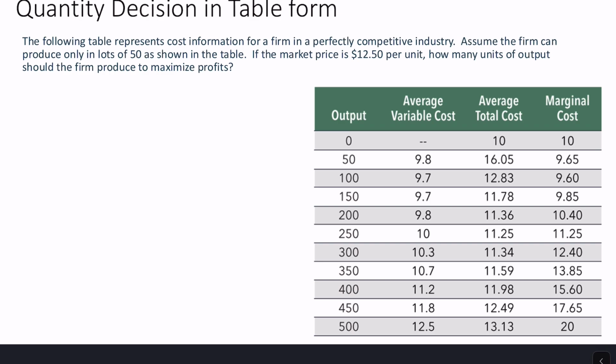In this table, we have output, average variable cost, average total cost, and marginal cost. I'm telling you the price is $12.50, so use that rational rule that we have for perfectly competitive markets to tell us the quantity we want to produce. Pause here, and take a couple seconds to figure out what you might want to produce.